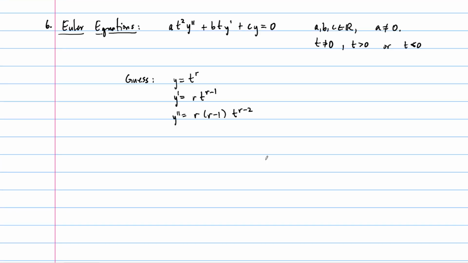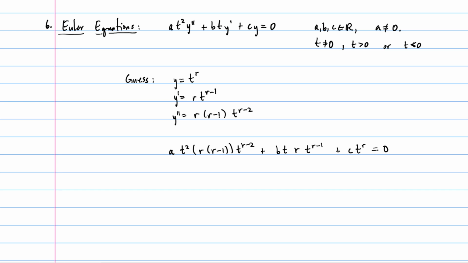And then if we plug these into our equation, we now have a times t squared times r times r minus 1 times t to the r minus 2, plus b times t times r times t to the r minus 1, plus c times t to the r, and that's supposed to equal 0.